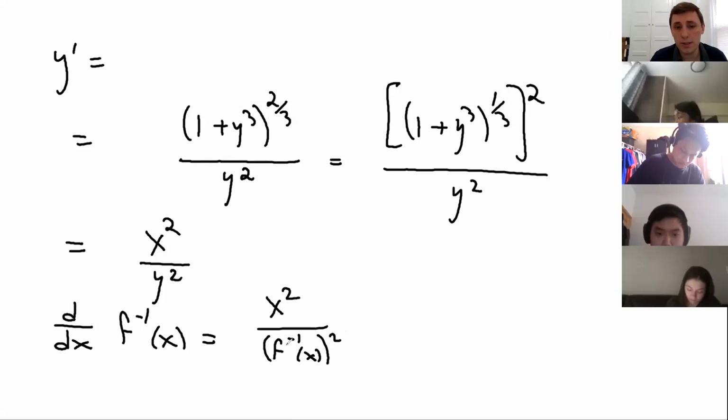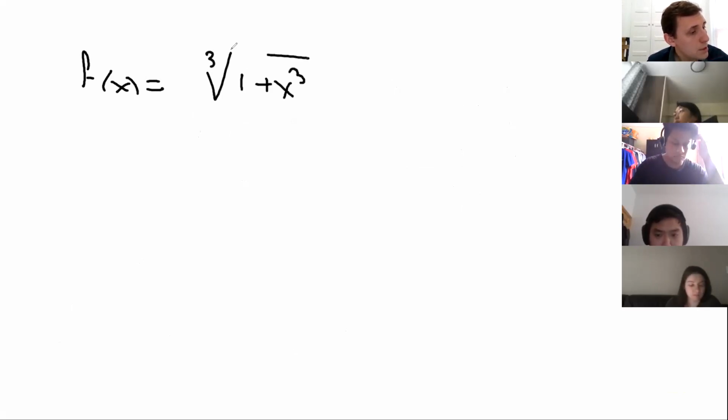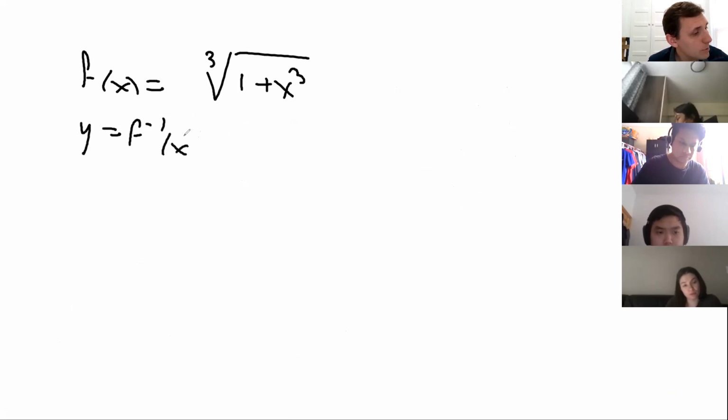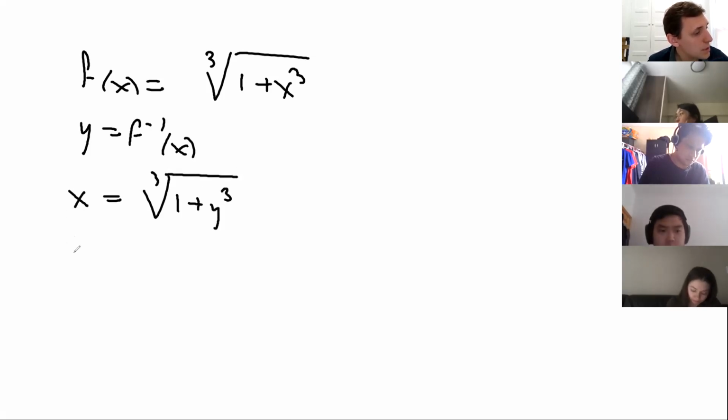If I want to simplify it further, I can, because remember, my function f of x is equal to the cube root of 1 plus x cubed. So what is the inverse function? If y is the inverse function of x, then x is equal to the cube root of 1 plus y cubed. So I cube this: x cubed minus 1 equals y cubed.